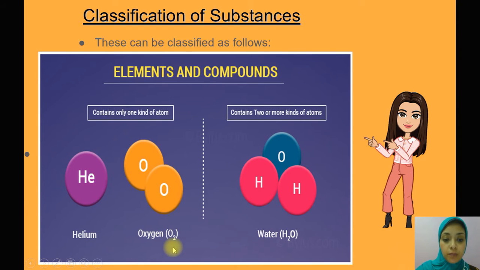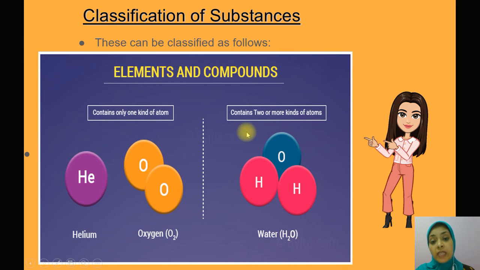What about oxygen? When the oxygen atom combines with another oxygen atom of the same kind, it's considered an element. What is the element? One more time. The element is the simplest pure form that cannot be decomposed into another kind of element or another kind of atoms.